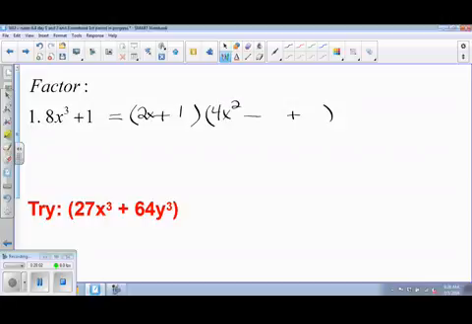Everybody see where we got 4x squared? Because if you take 2x and square it, you have to square each one individually. 2 squared is 4, and that's x squared. Then you multiply the 2 together. So when I multiply 2x times 1, what do I get? 2x. And square the last term. 1 squared is 1.